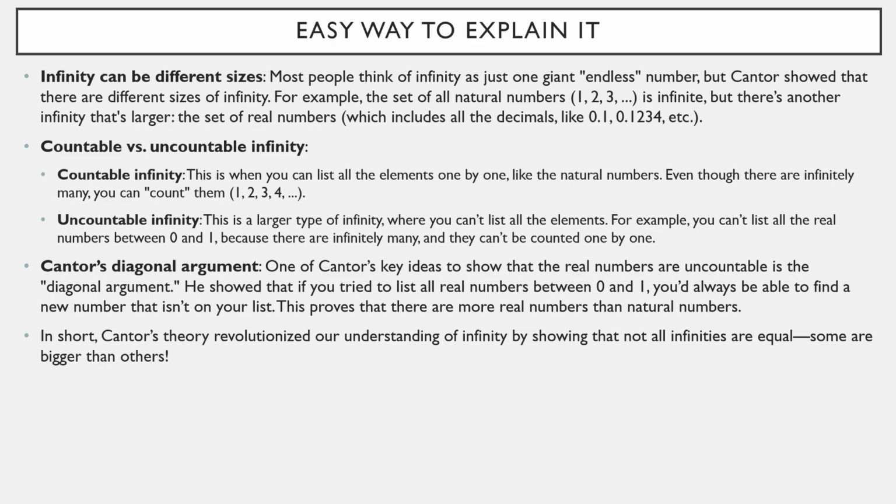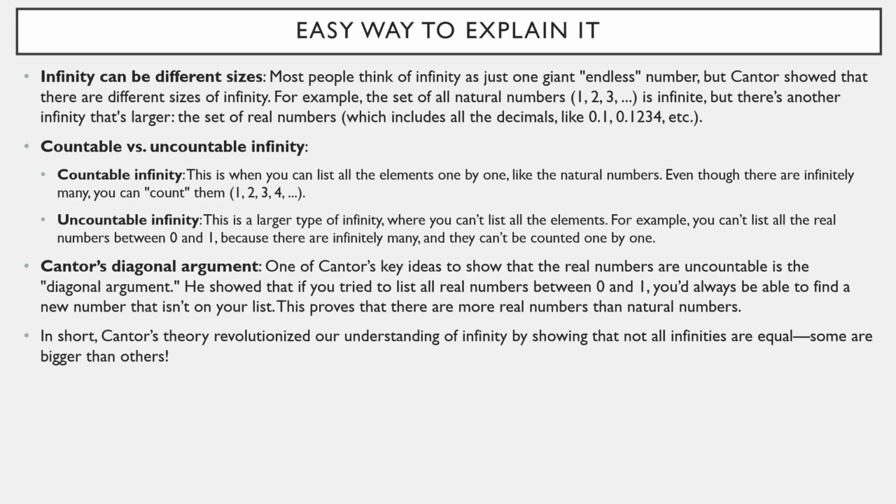Countable infinity, or infinitely countable, is when you can list all the elements one by one, like the natural numbers. Even though there are infinitely many, you can, quote unquote, count them, even if you would count forever. Like I go 1, 2, 3, 4, 5, 6, I know the next number, 7, 8, and I keep going. I just count to infinity.